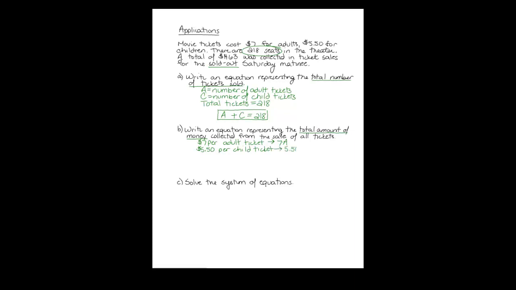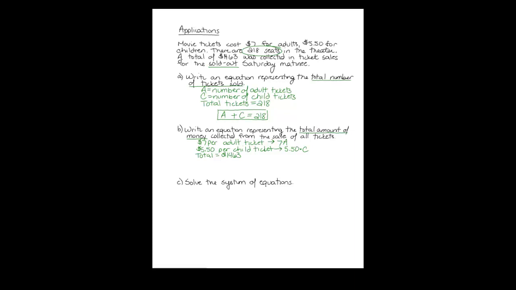So that would be $5.50 times each child ticket that is sold. And you always want to hunt around and find the total. So in this case, the total amount of money is going to be $1,463.